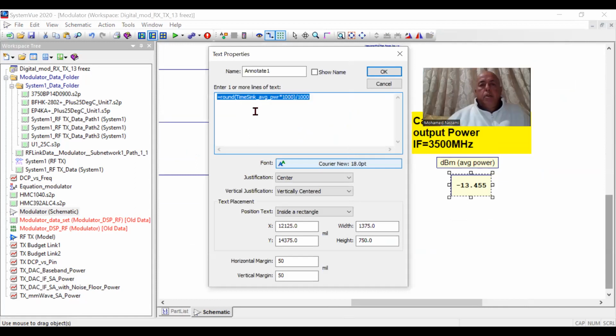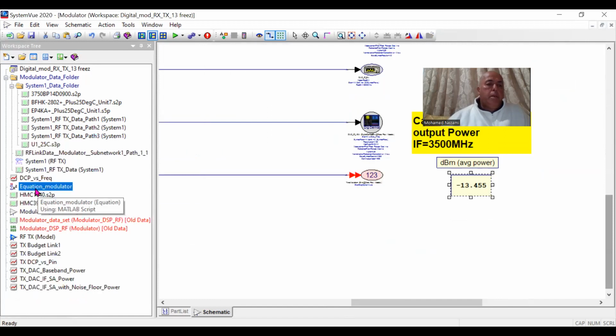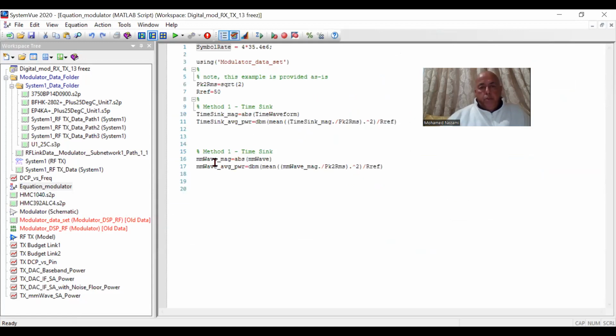as an equation, the average power, and the average power is computed through a MATLAB equation in here. I define the dBm computation into a 50 ohm resistor. I take the signal, take the absolute value, square it, take the mean average, and divide it by 50 ohm, and you get a dBm value that corresponds to the power level.